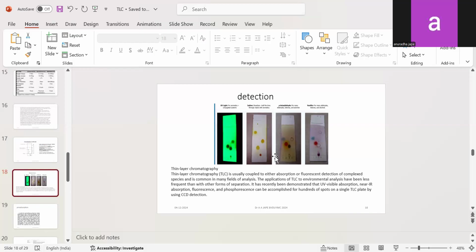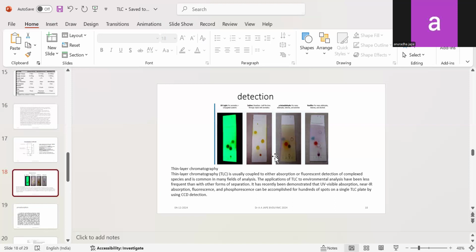So you have to optimize the solvent system and compare the RF value of a given analyte in a given solvent system with the known standard RF values for that analyte for the given solvent system. And then you can compare about the presence or absence.